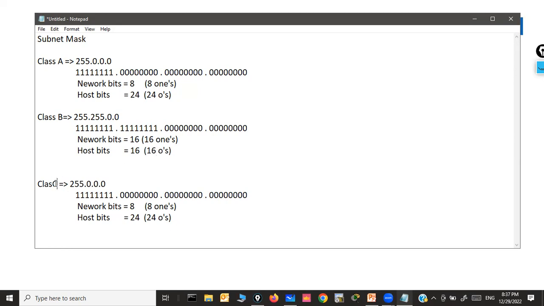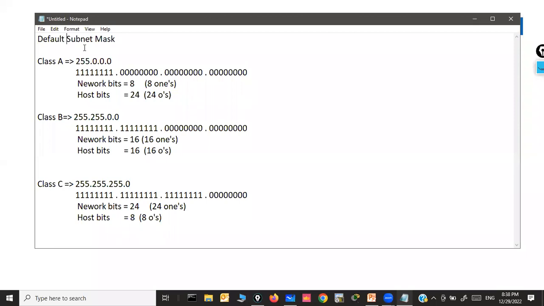And in class C, 255.255.255.0. So here 3 octets with all ones, 24 ones and 8 zeros.